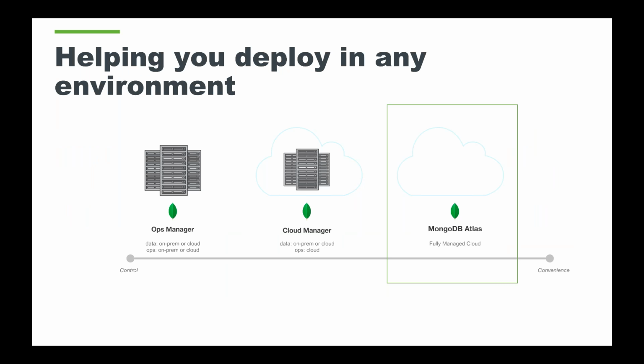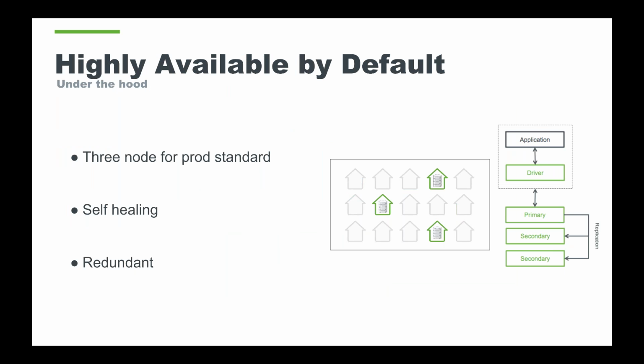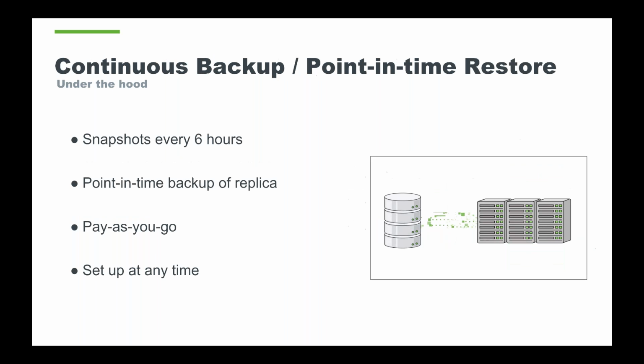And it's highly available by default. You're going to get 3 nodes, whether you're paying for it or you're using our free version. It's self-healing, it's redundant, so that if anything goes down, you'll always have another secondary that will go ahead and become your primary. And that's where we're going to start talking a little bit about what MongoDB can do for you. I'll talk a little bit about these features.